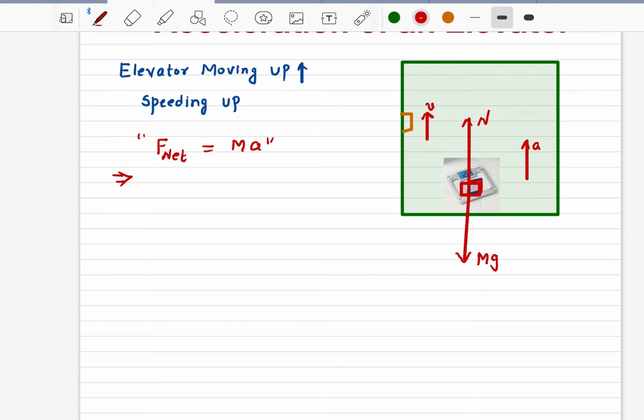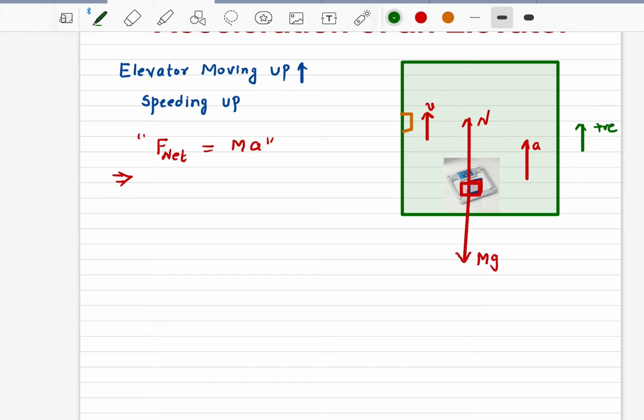I can choose any direction as positive or negative. Just for simplicity, I'm choosing the upward direction as positive, so the downward direction will be negative.